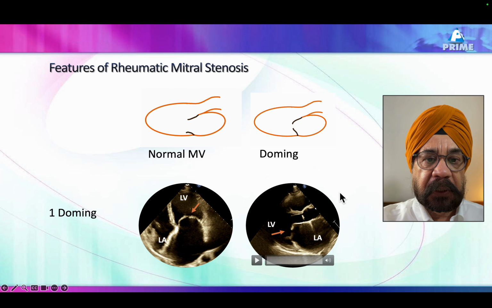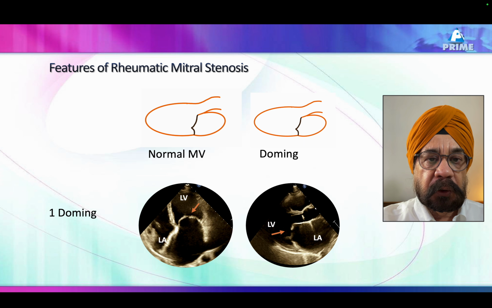Doming is a very, very important part of mitral stenosis. It shows you the significance of the mitral stenosis, because doming happens because of the pressure gradient. The valve domes when it opens rather than the leaflets separating.